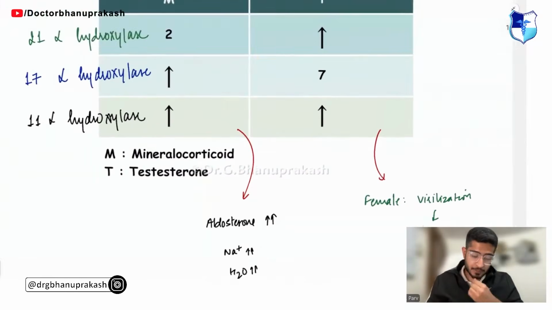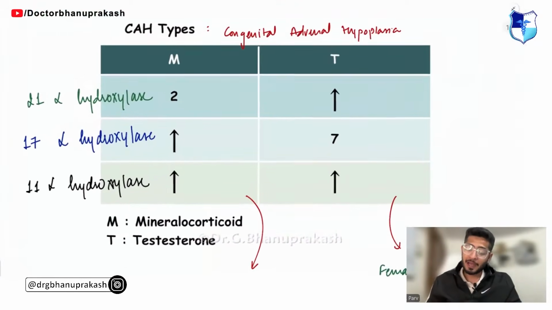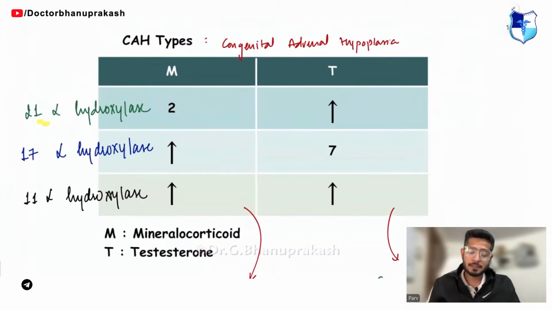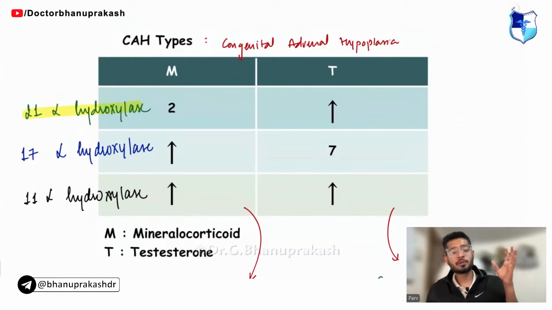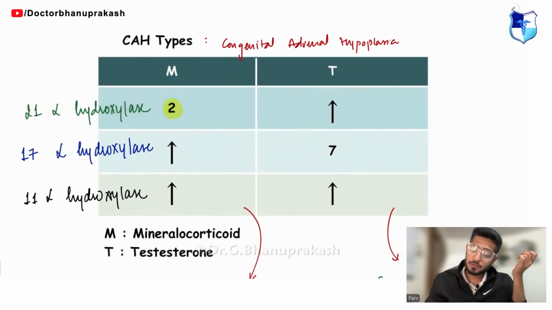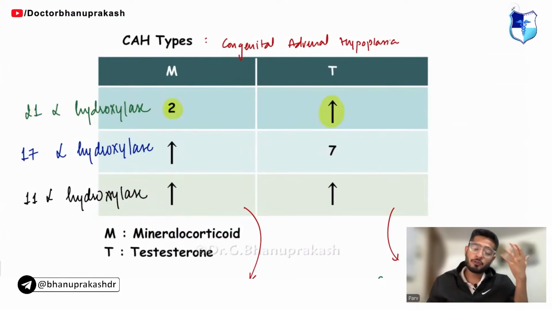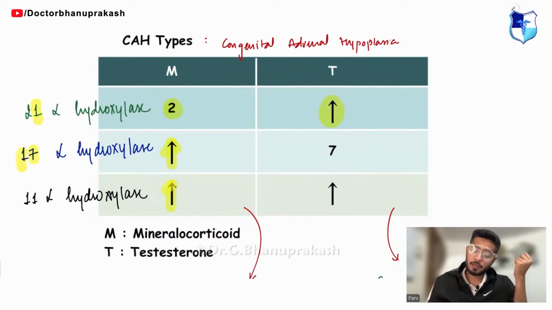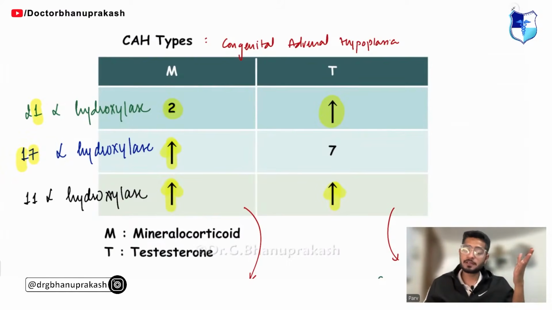In 21 hydroxylase deficiency, this is a very beautiful mnemonic. In 21 alpha hydroxylase, remember it has a 2 and a 1. Whenever 1 is coming, I put a sign of increase. So 17 has a 1 and a 7, and 11 has a 1, so these increase.